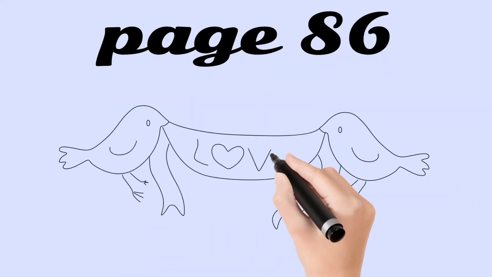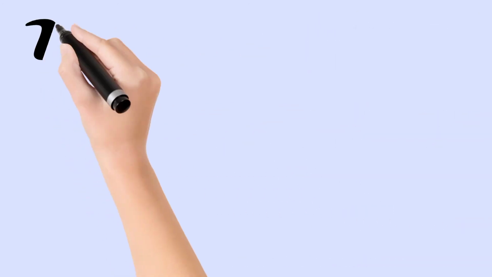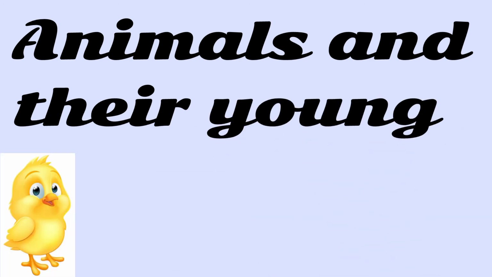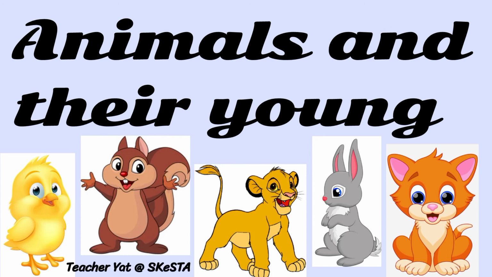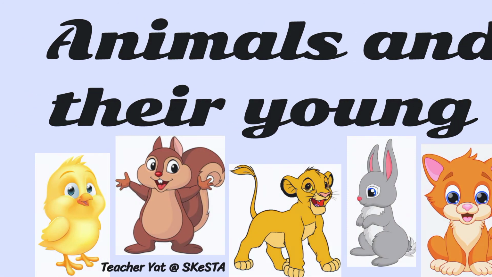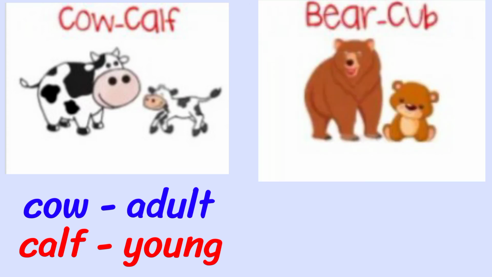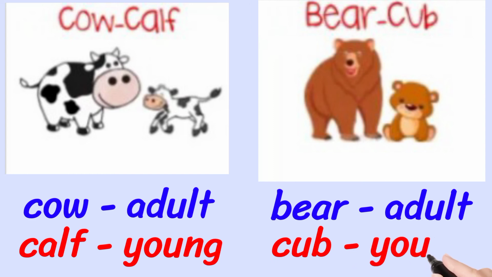Now, let us revise what we have learned in page 86. In page 86, we have learned about animals and their young. First, cow and calf. Cow is the adult and its young is called calf. Second, bear and cub. Bear is the adult and its young is called cub.